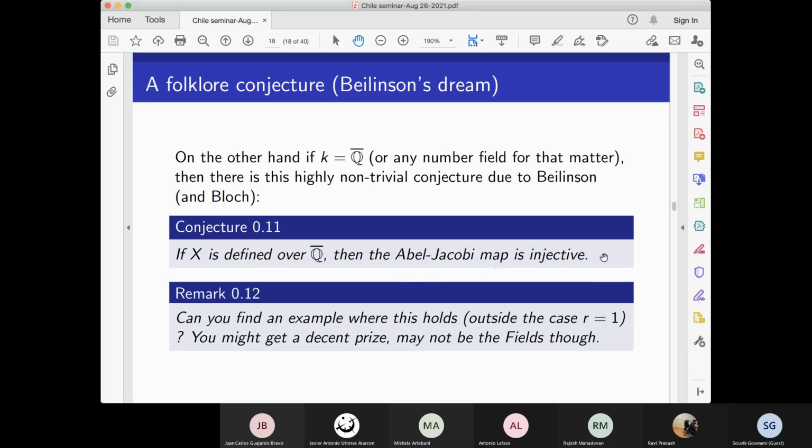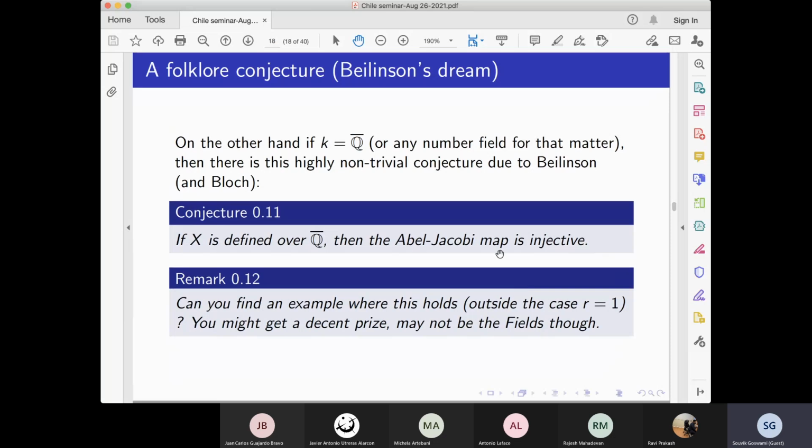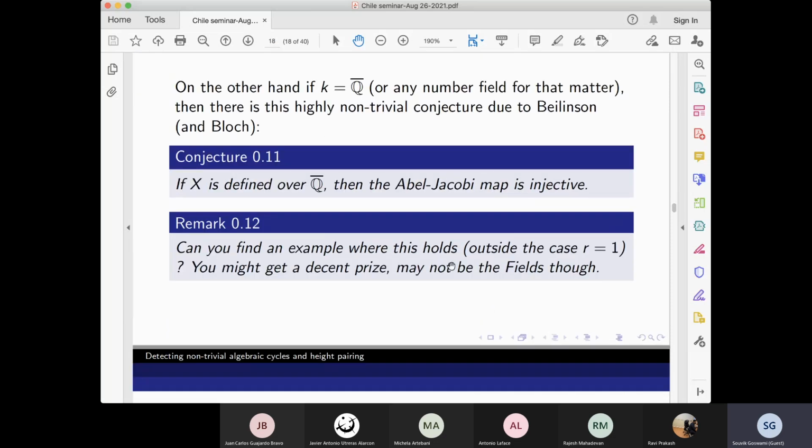The problem with this conjecture is that there are no known examples where this holds. It's extremely difficult to get an example, and forget about counterexamples. So even an example is elusive.